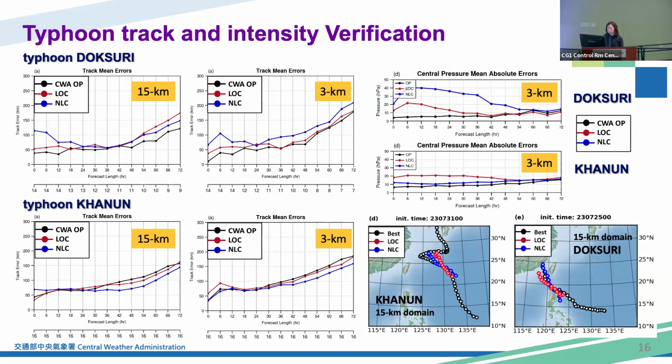So the result of these two operators is mixed. By the way, Khanun is a very special typhoon track case, which means its track has a dramatic turn when crossing Taiwan, and the non-local run catches this dramatic turn earlier than the local run.